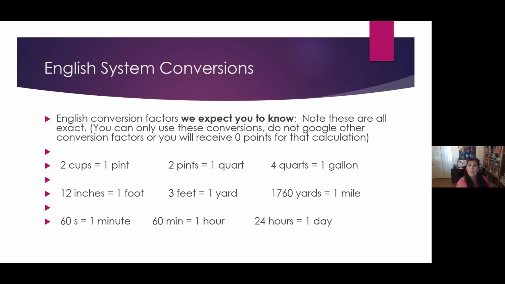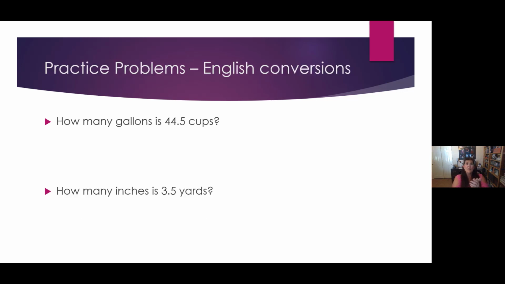And what you may not remember is there's 1760 yards in 1 mile. And then finally, 60 seconds in a minute, 60 minutes in an hour, and 24 hours in a day. I expect you already knew those 3. So there's a good chance you already knew most of these. Again, these are the 9 conversion factors you're allowed to use in this class, and you need to memorize them. All right, so let's practice some problems with English conversions.